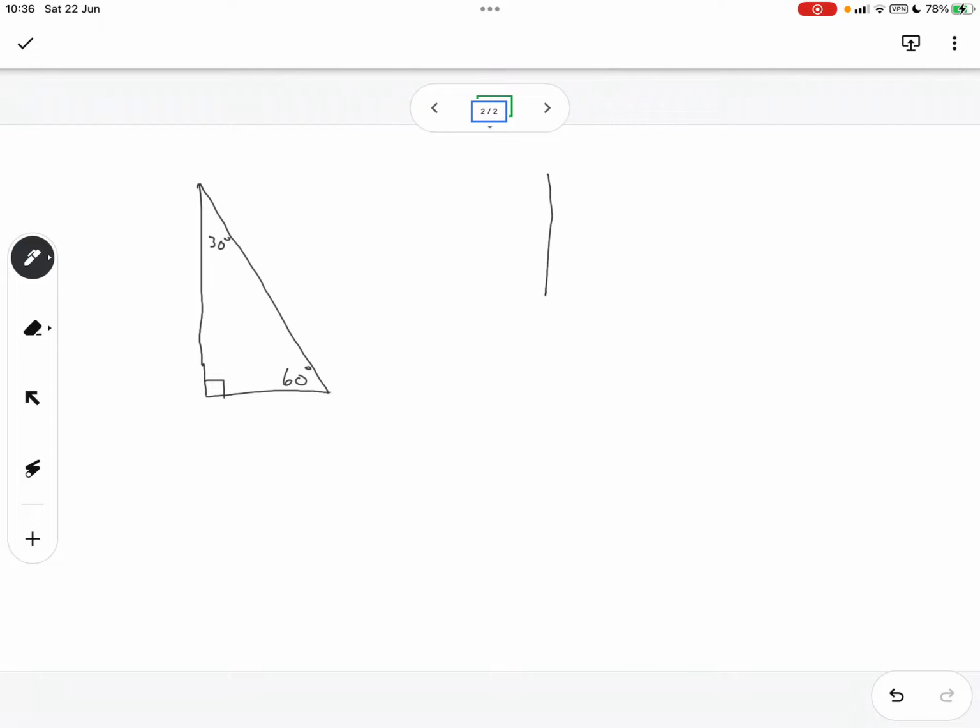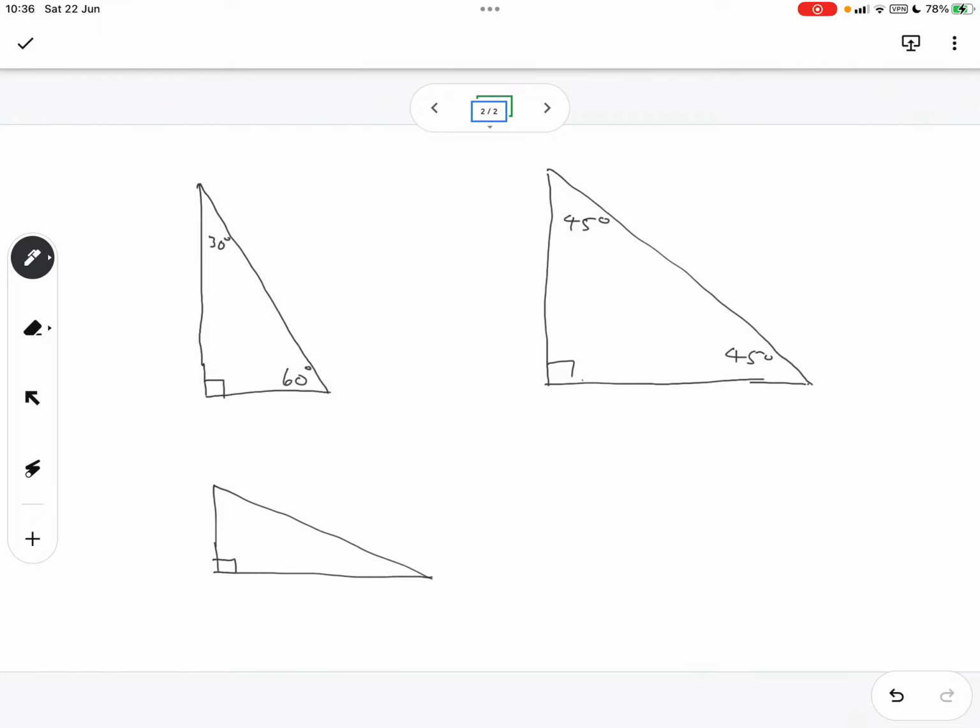And we'll also do 45, 45, 90. These are simple, obvious cases. Then we're going to do a general triangle. Our general triangle has a 90 degree angle, with alpha and beta, which is 90 degrees minus alpha. Now, cofunctions.